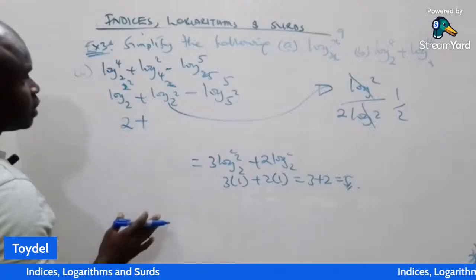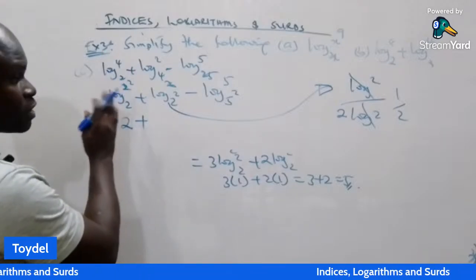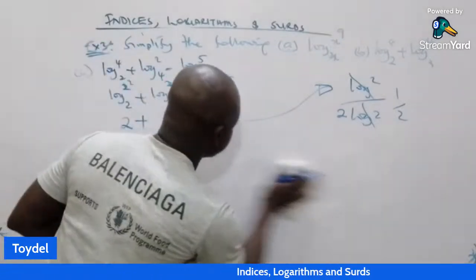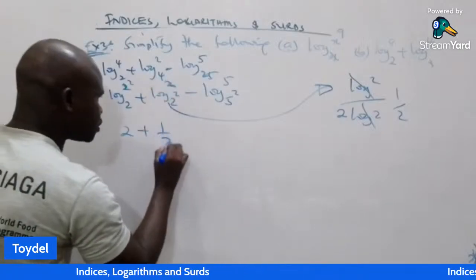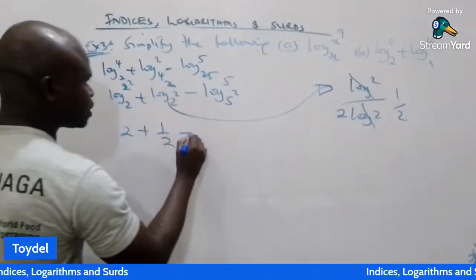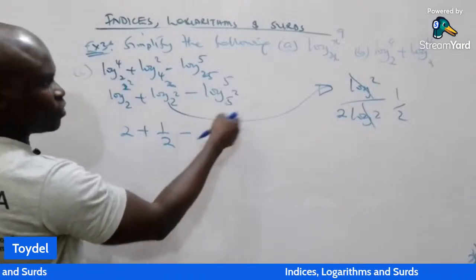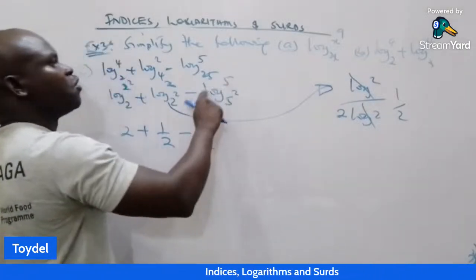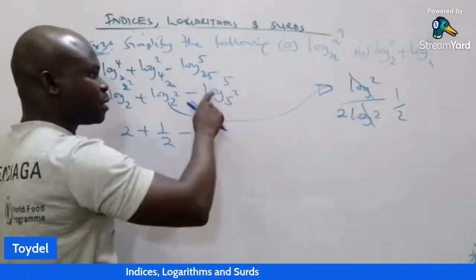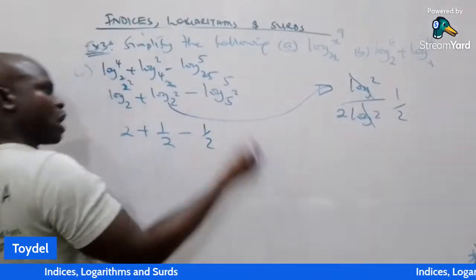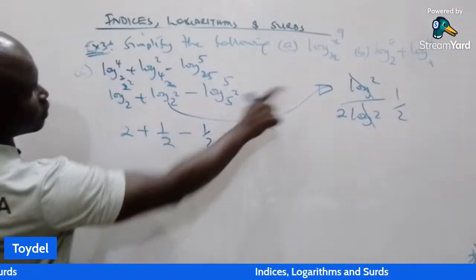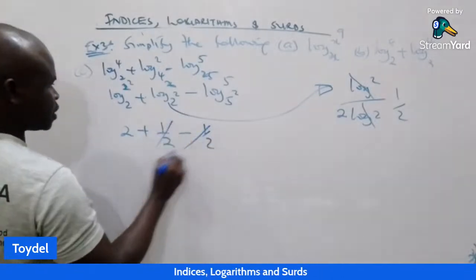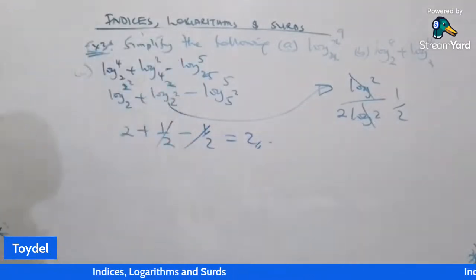Just look at it and get your answer. If this is an objective question, then you don't need to stress yourself. This is what you are supposed to do. Just say 2 plus half, then minus, in this case also, half, because log 5 will be the same. It will be log 5 divided by log 5 raised to power 2. 2 can come down, half. This is half from the expression here. This can cancel this. At the end of the day, the answer is 2.